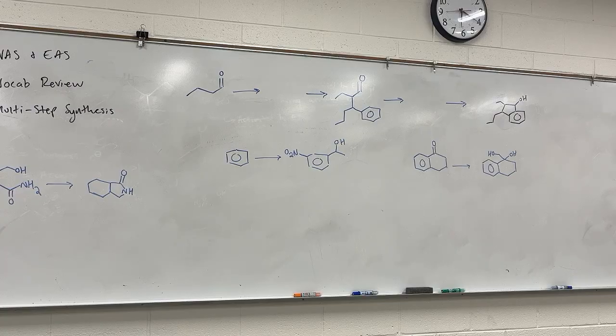Will it work as NAS, like if we had a halide before? Yeah. You can do nitration and sulfonation and bromination and chlorination with electron withdrawing groups on, but you can't do alkylation or acylation with just electron withdrawing groups. So you can make NAS by just bromating it first? Yeah, you could. And then it leaves.